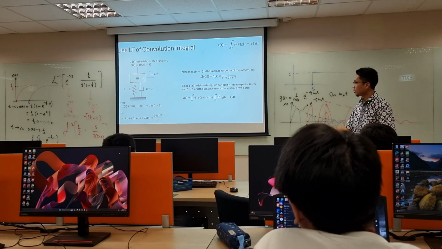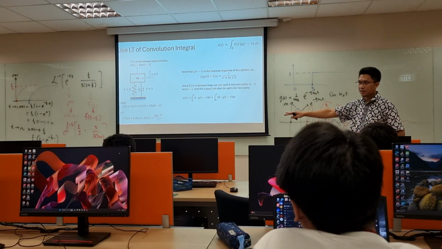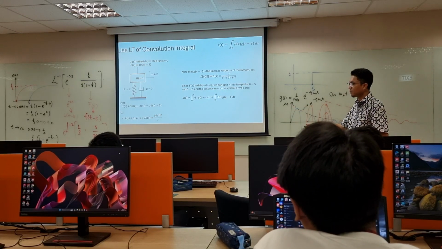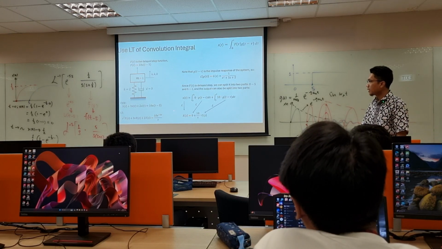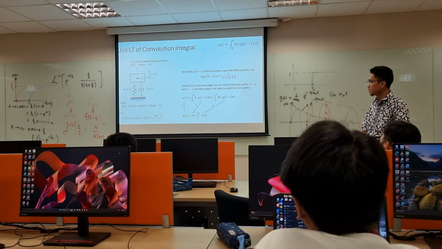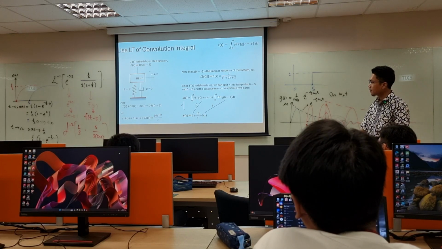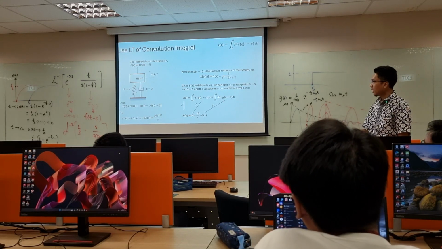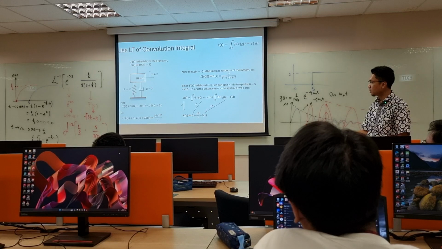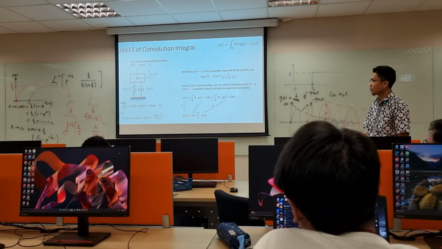The input is 10 flat. And then this is the impulse response. So we take the Laplace transform. This x(t) becomes X(s). This is 0, the Laplace transform is 0. And the Laplace transform from here, convolution integral, 10 over s and then G(s).